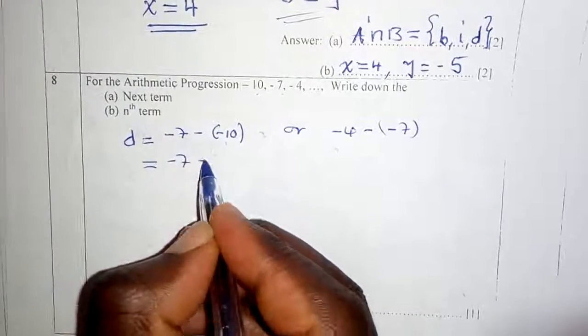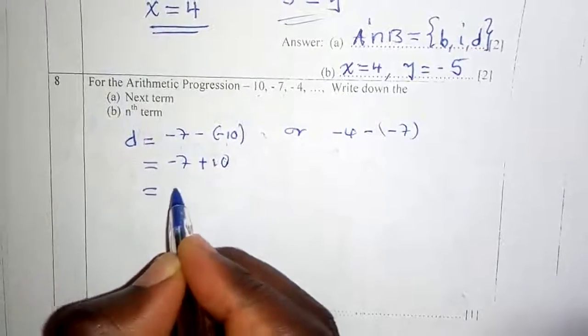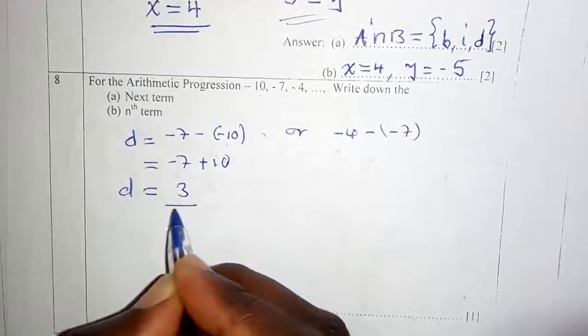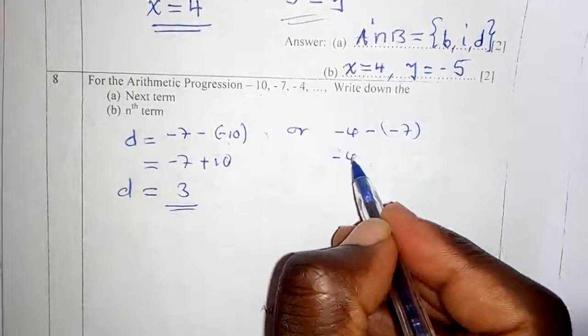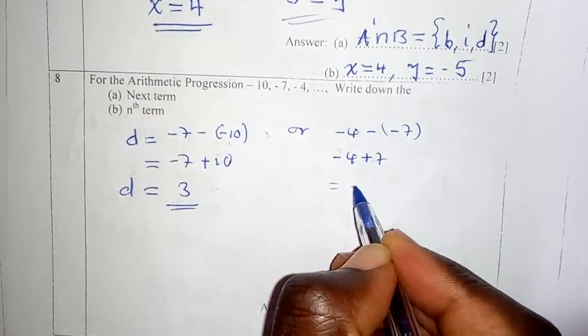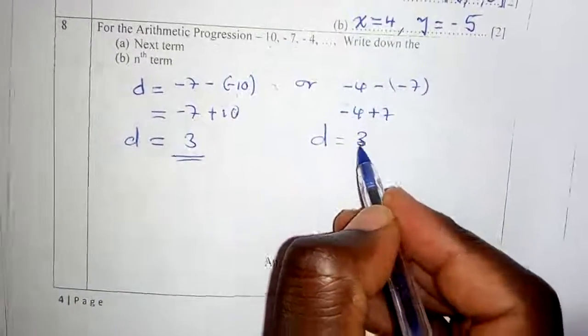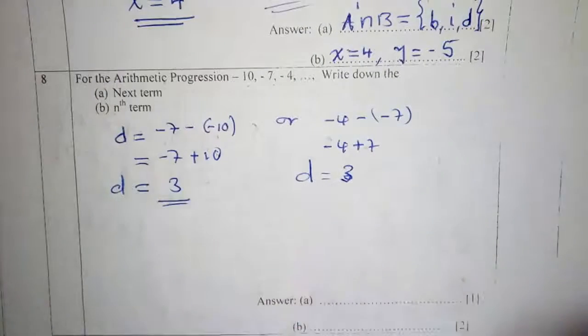So this plus 10 will be positive. When you solve here, you find that D is equal to 3. Even here, it will just be the same. So our D is equal to 3. Since our D is equal to 3, now we'll see what is happening.